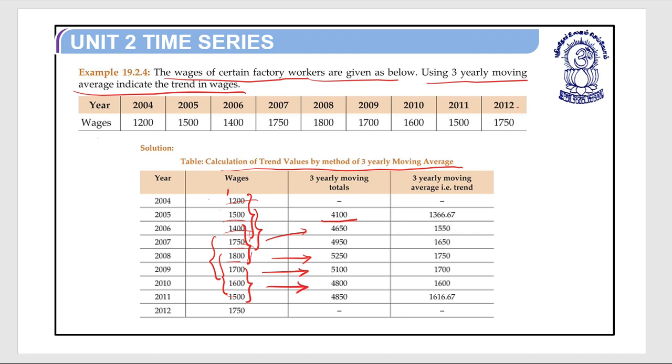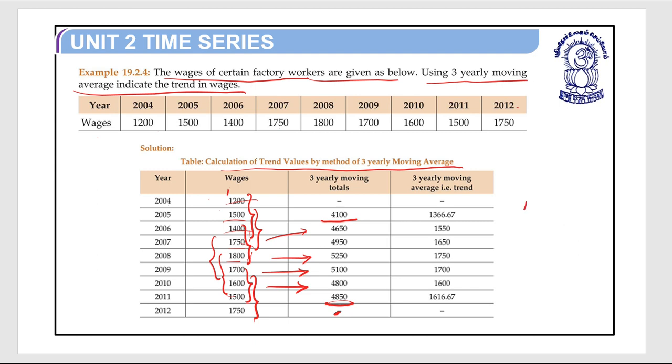You will get 4800. 2011, take 1600, 1500 and 1750. So you will get 4850 for 2011. 2012 nil.